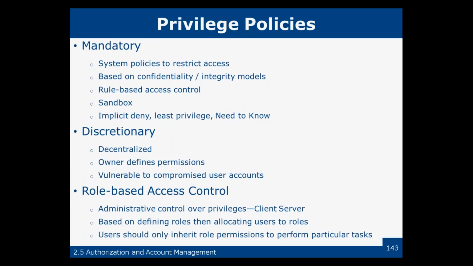So the privilege policies, we've looked at this a little bit, I think, and actually in Network Plus probably. Mandatory, discretionary, and role-based access control. Mandatory is system policies to restrict access based on confidentiality and integrity models.